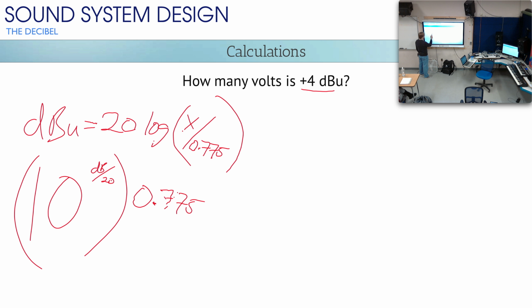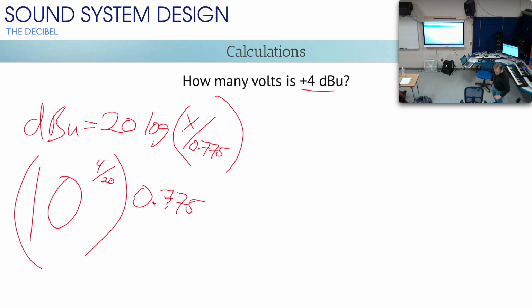So in this case, for dB, I'm just going to put 4. So 10 to the power of 4 divided by 20, times 0.775, will give me the actual voltage level of plus 4 dBu.